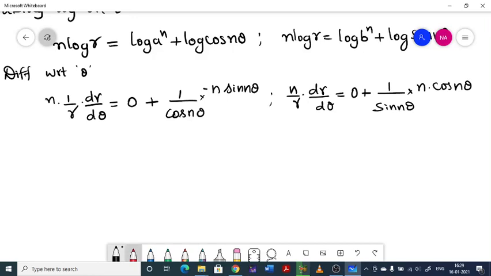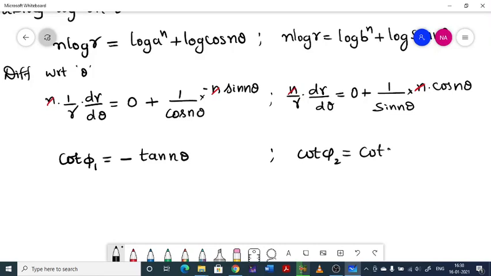Now n cancels on both sides, here also n gets cancelled, so we remain with cot phi 1 equal to minus sin n theta by cos n theta, that is tan n theta. Similarly on this side, cot phi 2 equal to cot n theta.